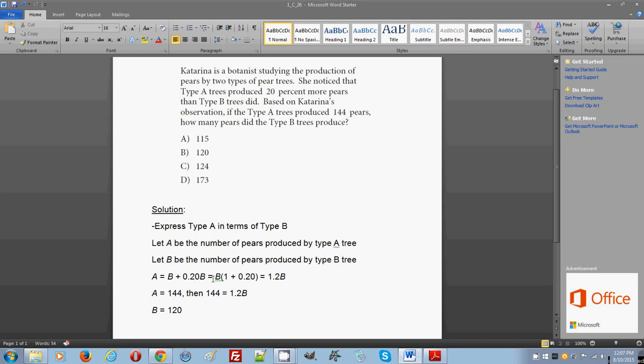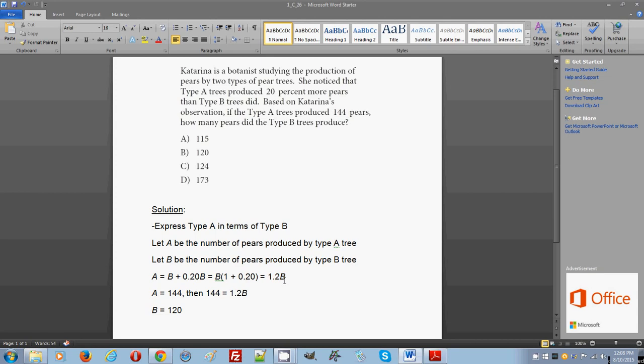So we have one B now, and we can combine it because B times 1 is B, plus 0.20, and this quantity also multiplies B. So now that we have it as a simplified product, we can make the sum, combining it into one term, which is 1.2, and 1.2 multiplies B, right? So now we have A is equal to 1.2B.